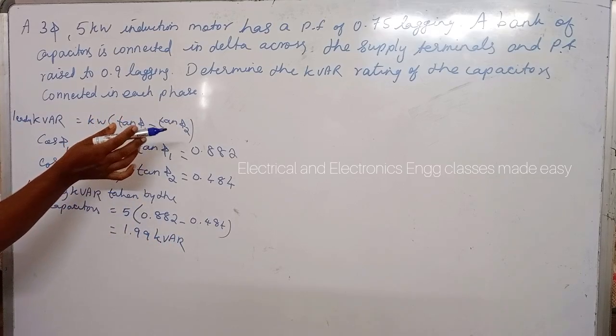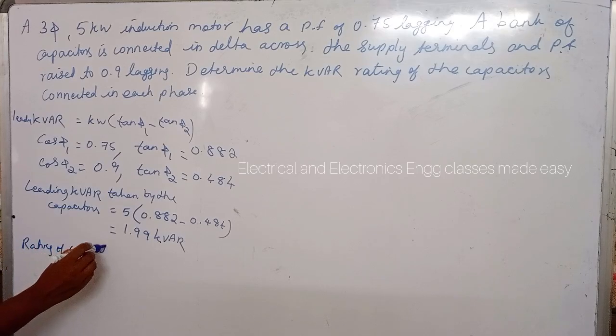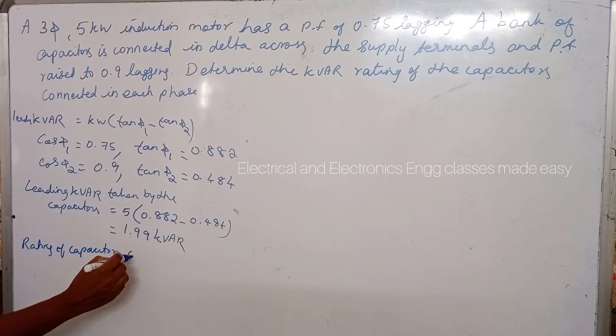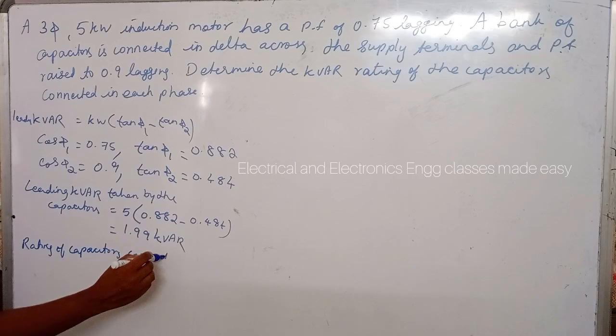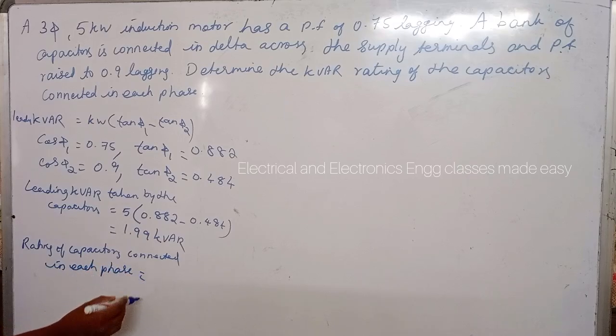Now we have to calculate the kVAR rating of the capacitors connected in each phase. Since this is a 3-phase induction motor, we have to divide the rating by 3.